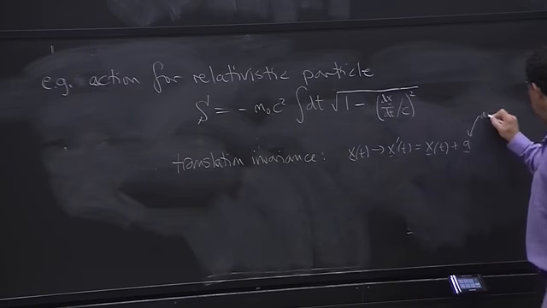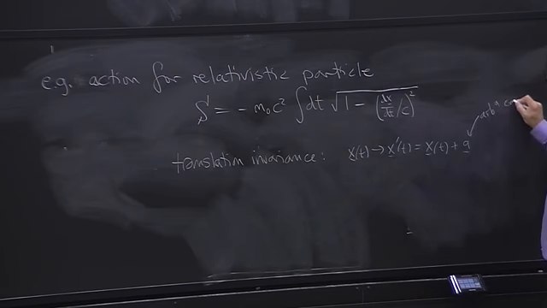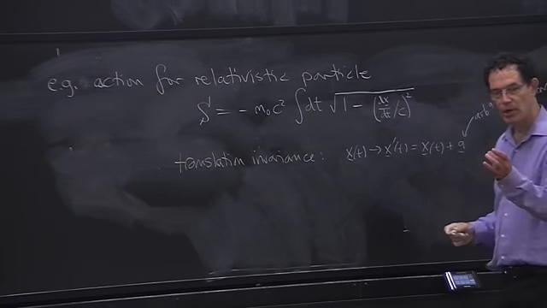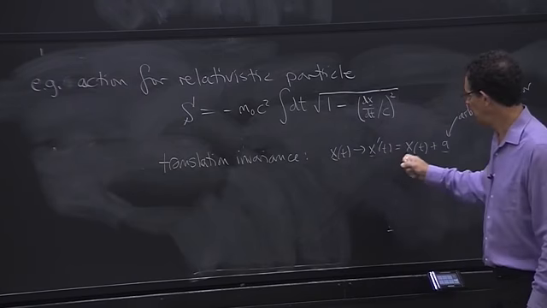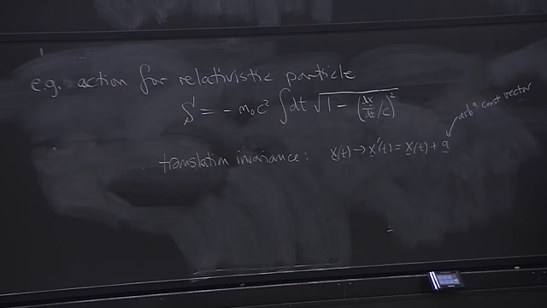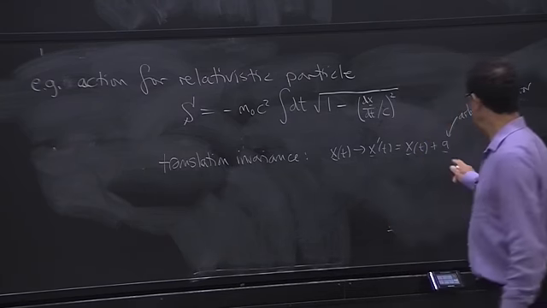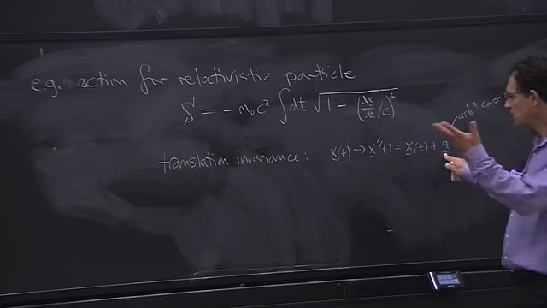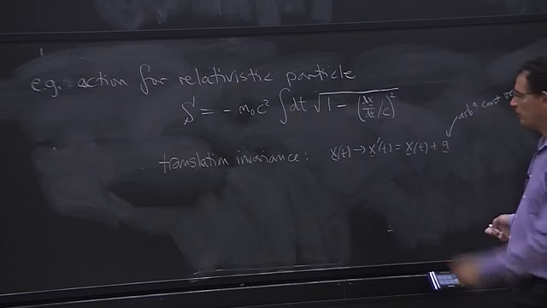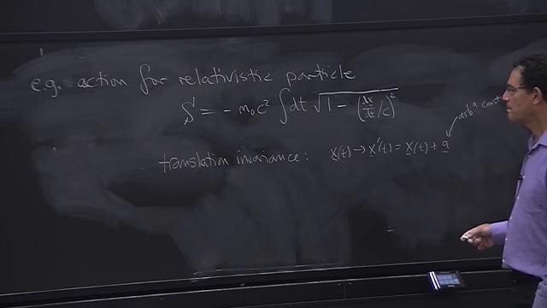This is an arbitrary constant vector. Okay, just take a particle, put it at some different coordinate. And if a is small, this is exactly of the form we required.